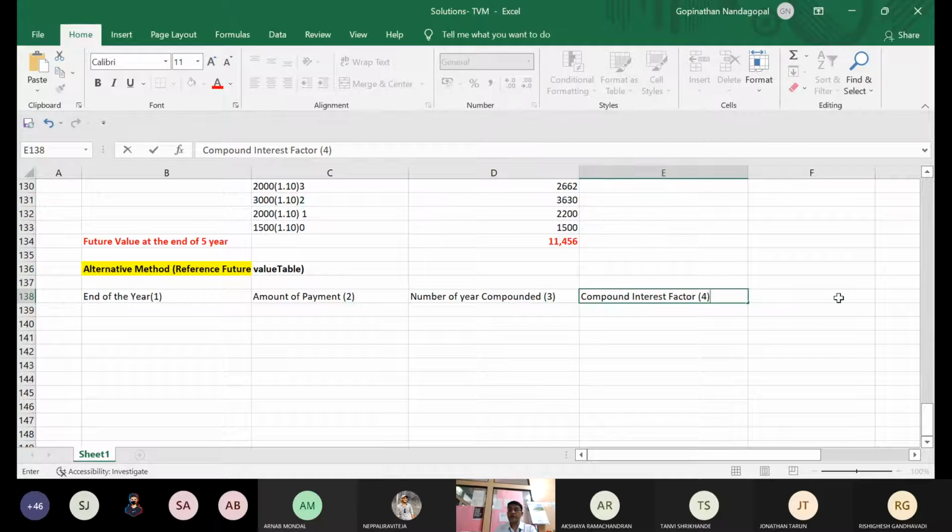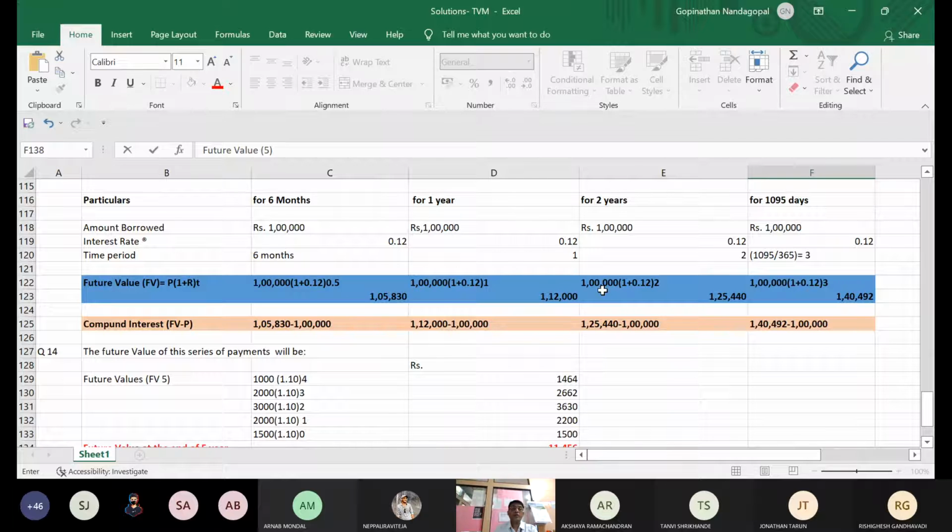And the last one, you take future value. So what is your future value? Future value will be 5. How do you find the future value here?